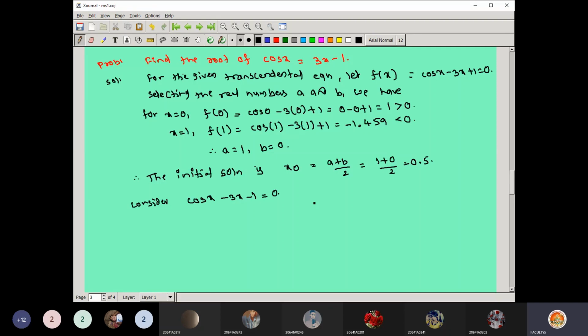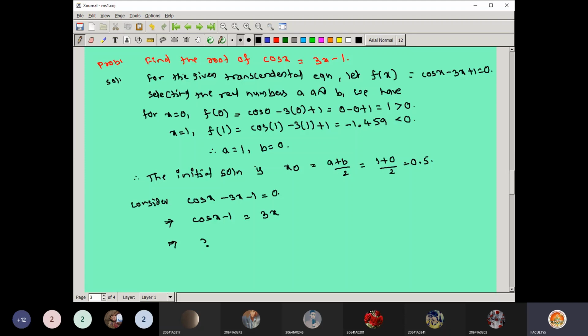But if it is a transcendental equation involving special functions, don't select the special function. Only focus on the other terms which are not involving the special function. So what are the other terms? Just write down the other terms. Cos x minus 1 I am keeping on the left hand side, the other term you take to the right side.